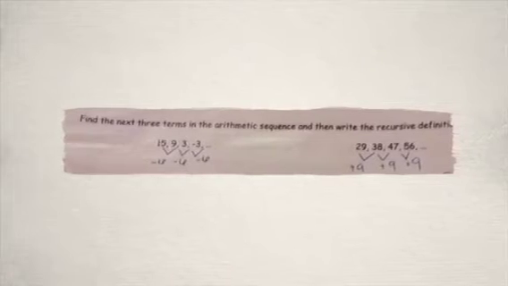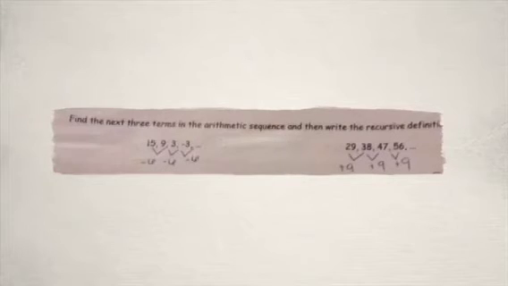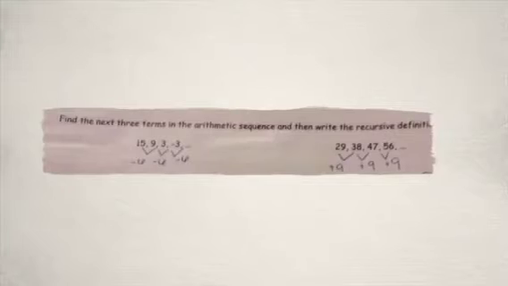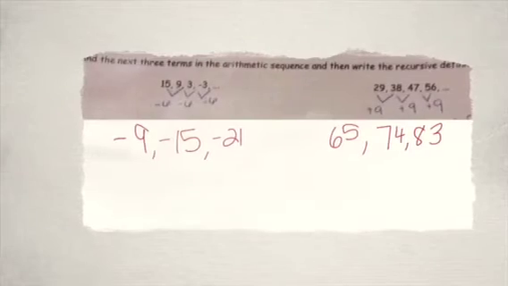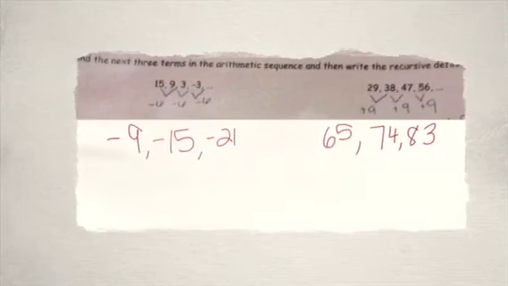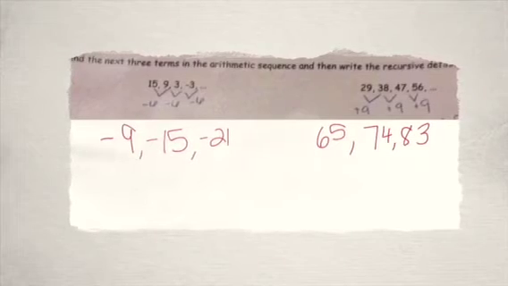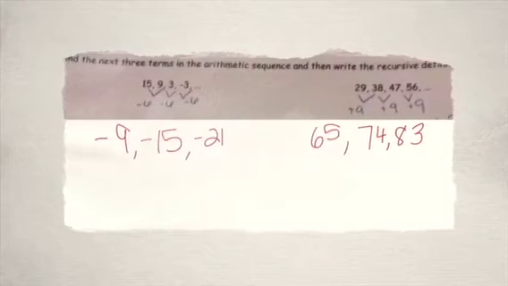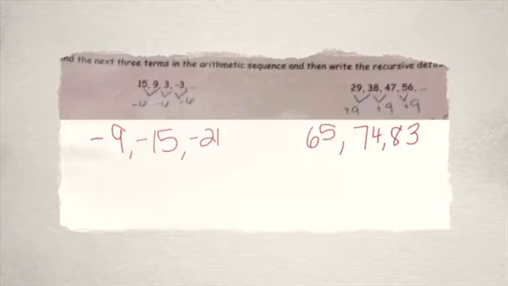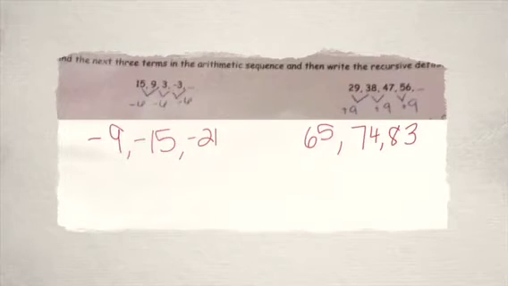The second one was a +9 pattern. Now pause the video and go on and write the next three terms as the directions say. The next three terms in the first one are -9, -15, and -21. In the second one, if you add 9, you get 65, add 9 you get 74, and add 9 you get 83.